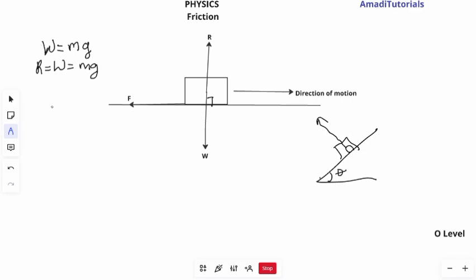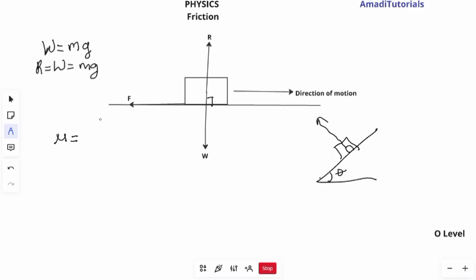And then there is a term we call coefficient of friction. Now, coefficient of static friction, labeled mu, in definition is the measure of the roughness of the two surfaces, or roughness of a surface when in contact with another one.